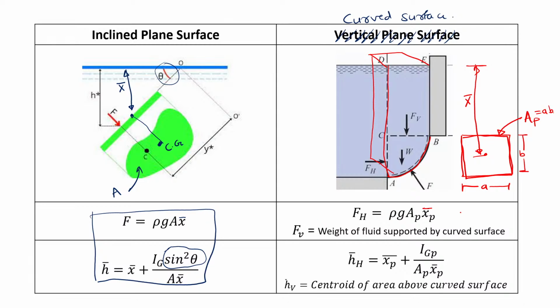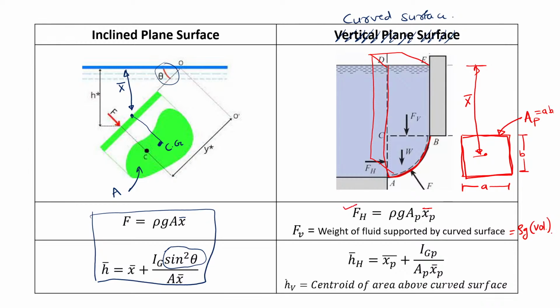Okay, so weight we can write as rho g into volume. Rho g is the specific weight of this fluid, and volume is the volume over this curved surface. So the volume of fluid above the curved surface, that you have to find out, and that value you have to put here. Just by putting that value you will get the vertical component of hydrostatic force.